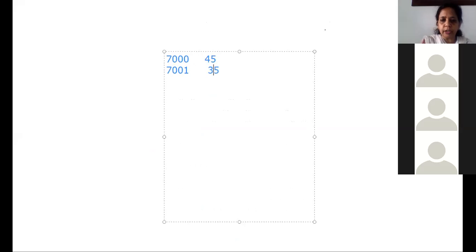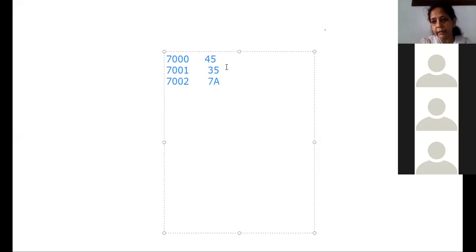If this is 35, then 45 plus 35 will be added. Depending upon whatever is the value in 7000 and 7001, those values are to be added and the answer has to be stored in 7002. So in this case, the answer which has to be stored in 7002 will be nothing but 7A.